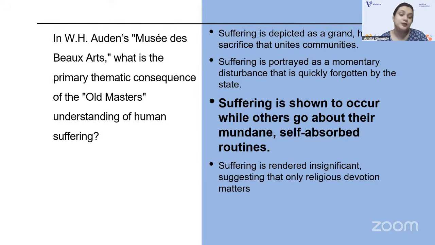In Auden's Musée des Beaux-Arts, the primary thematic consequence of the old master's understanding of suffering is that tragedy and human suffering take place in isolation or indifference, occurring in a corner, while ordinary life continues elsewhere. This poem suggests that suffering is an individual experience that often goes unnoticed by a detached, preoccupied world. So, the indifference of the world to individual sufferings.